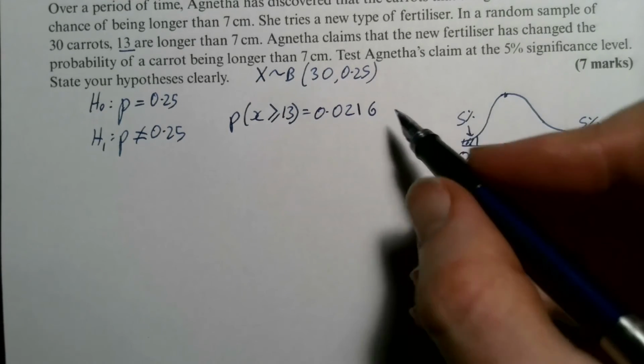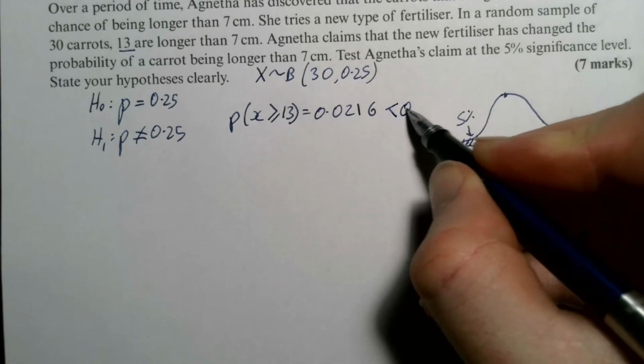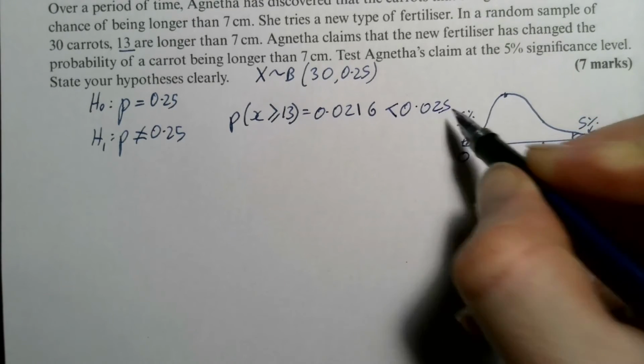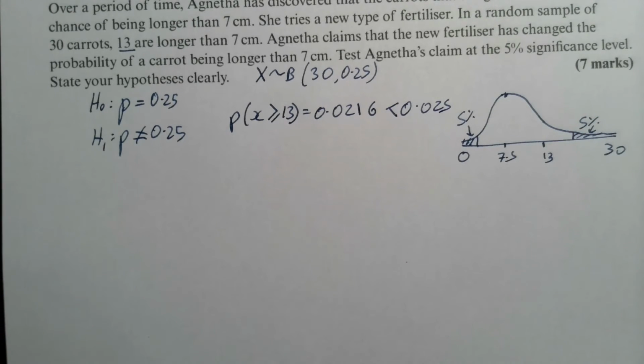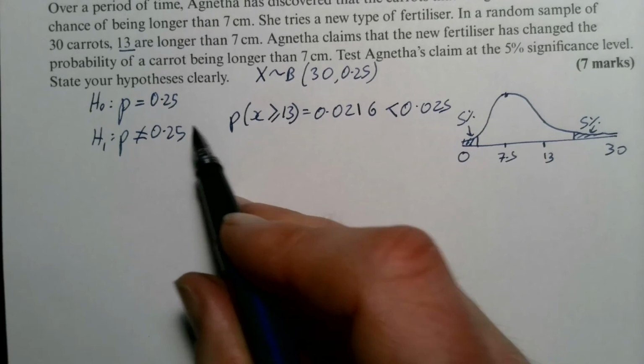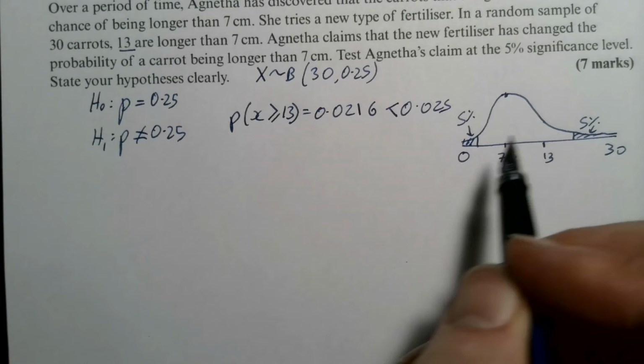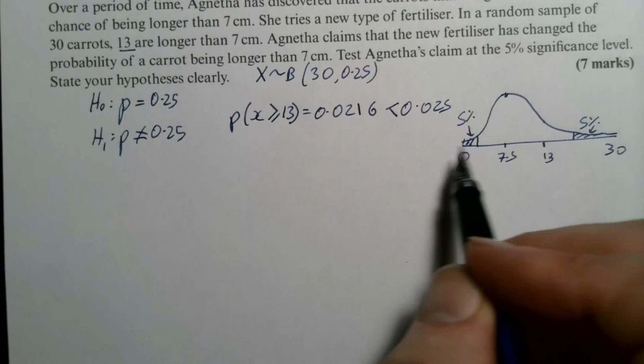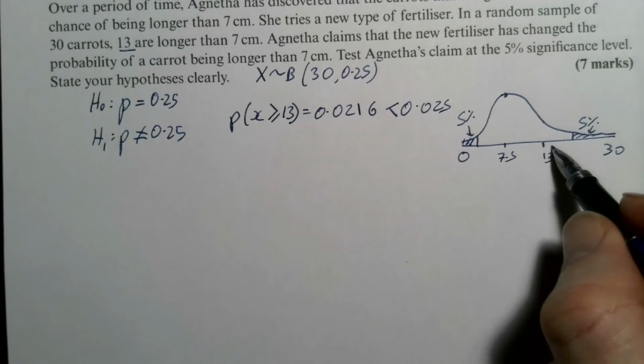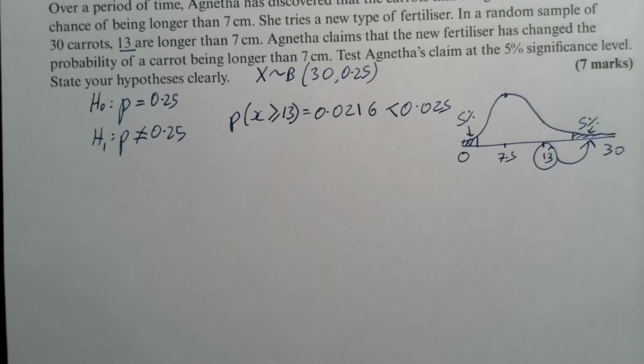Now that is less than 2.5%, isn't it? Which would be 0.025. And that means that at this level of significance, that's actually going to be in that zone.